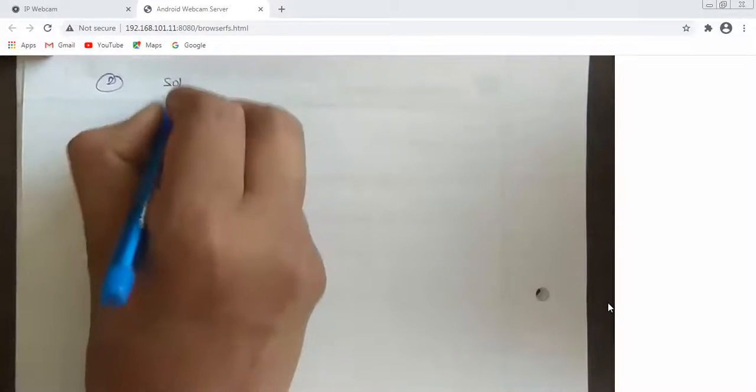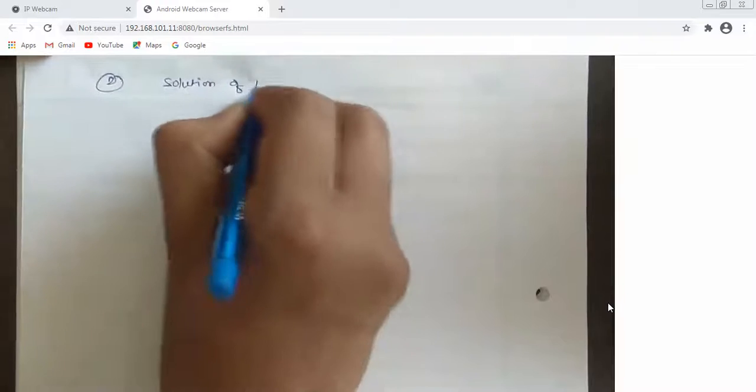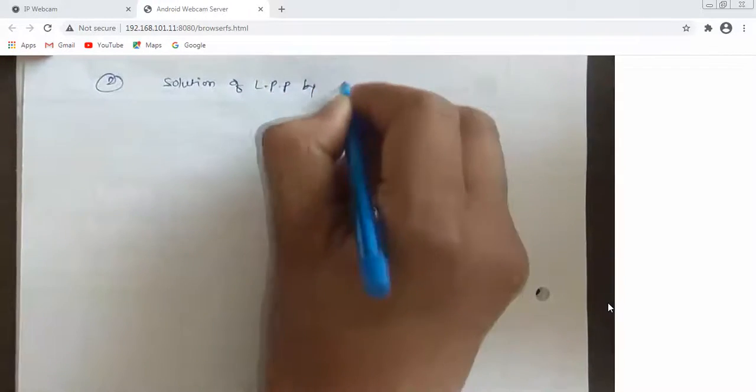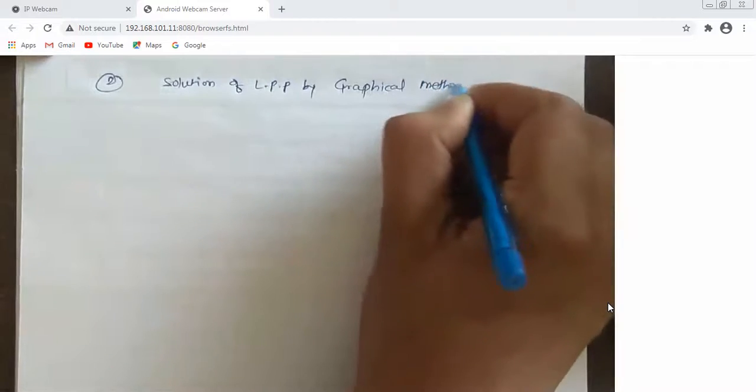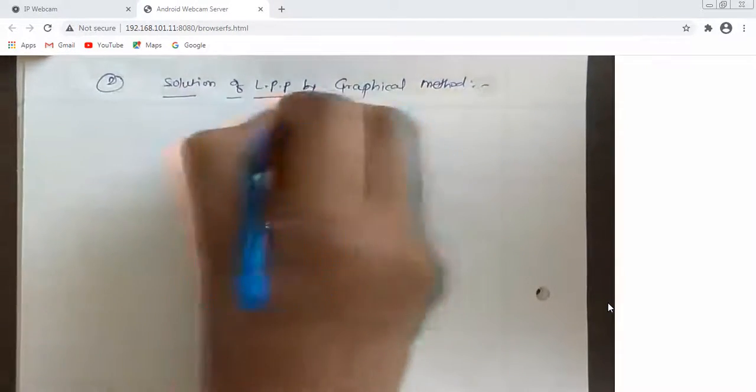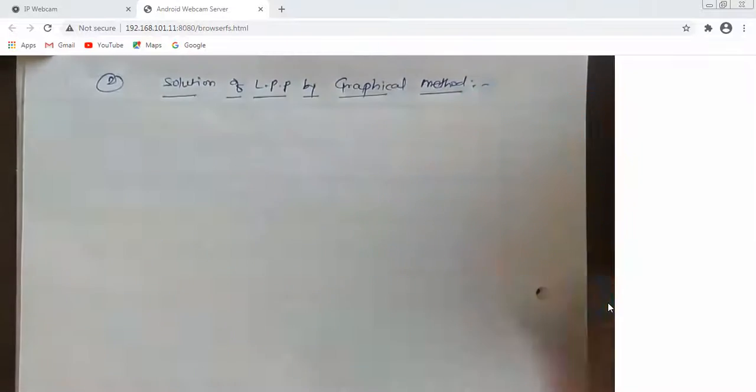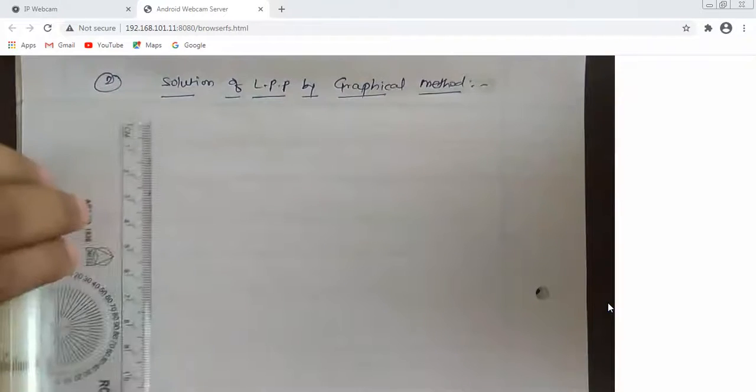Now the second step is solution of LPP by graphical method. Now I will draw the coordinates, that is x coordinate and y coordinate, because we have to plot the equations of line on the given graph.